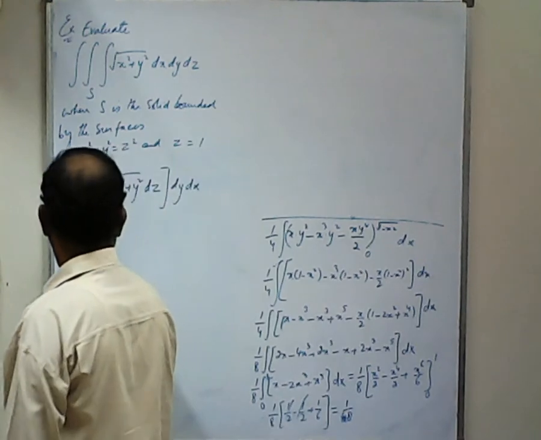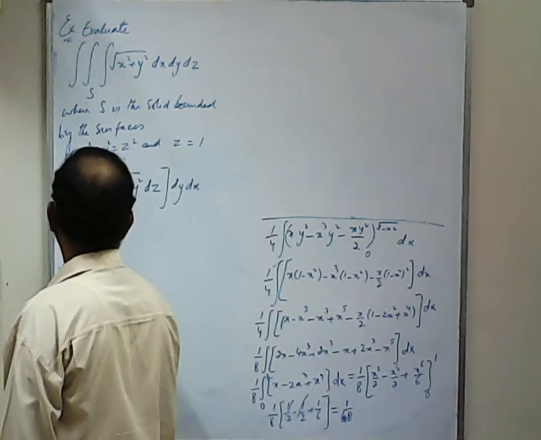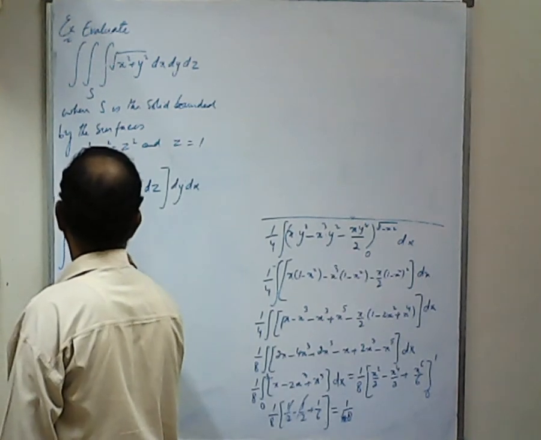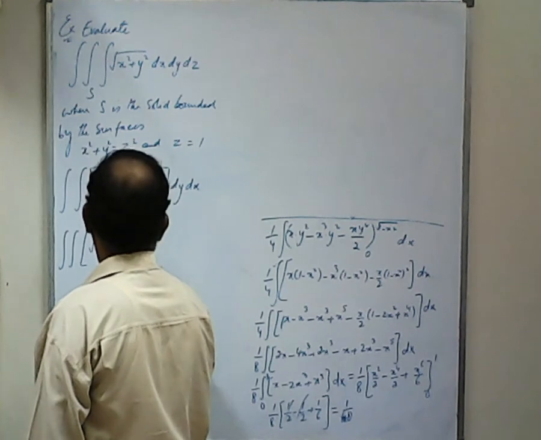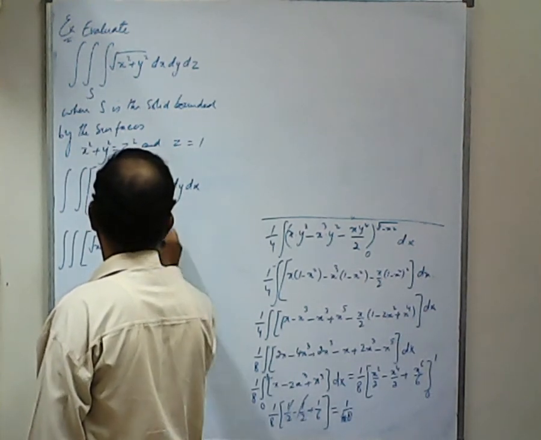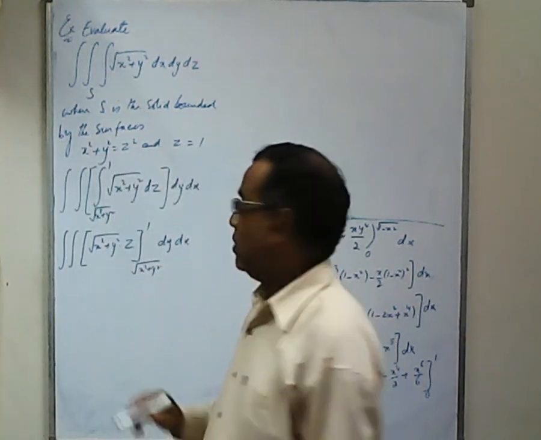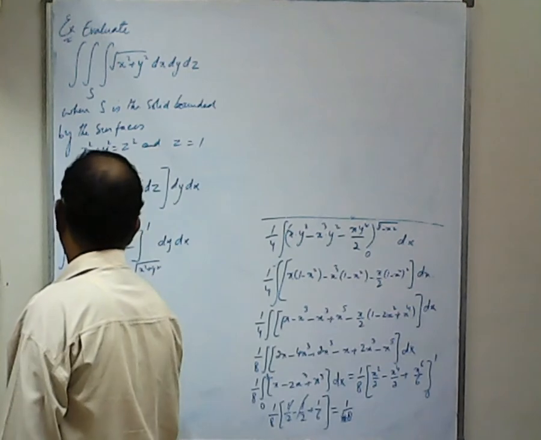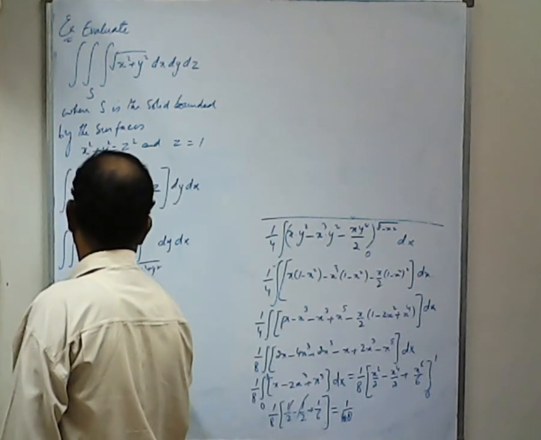So on integration I will get under root x square plus y square as constant and then z, and it is from under root x square plus y square to 1, dy and dx. When I substitute the values, it will become under root x square plus y square.